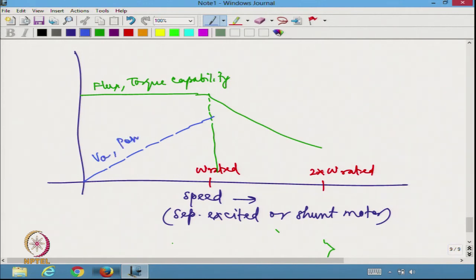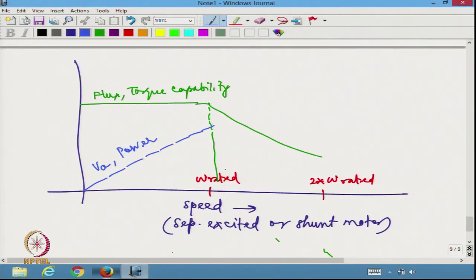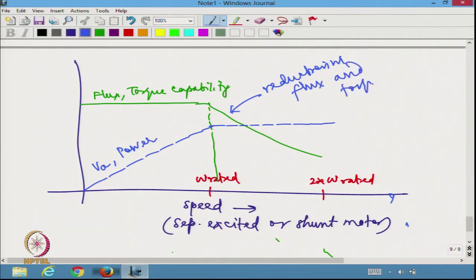Along with this I can plot power also. The power will also rise slowly because it is torque multiplied by omega. Now, the power will almost remain constant here. The voltage will also remain constant, but there will be a reduction in flux and torque. Both are specified with the help of this.